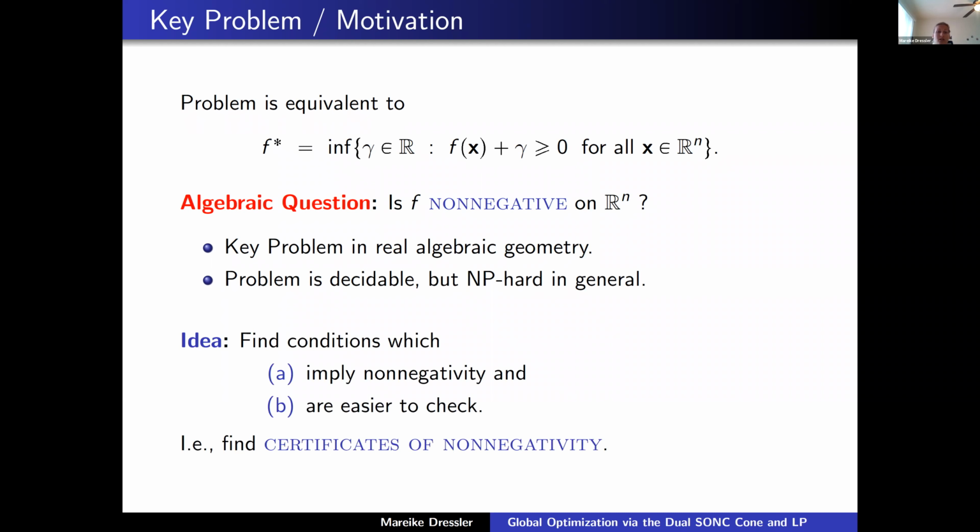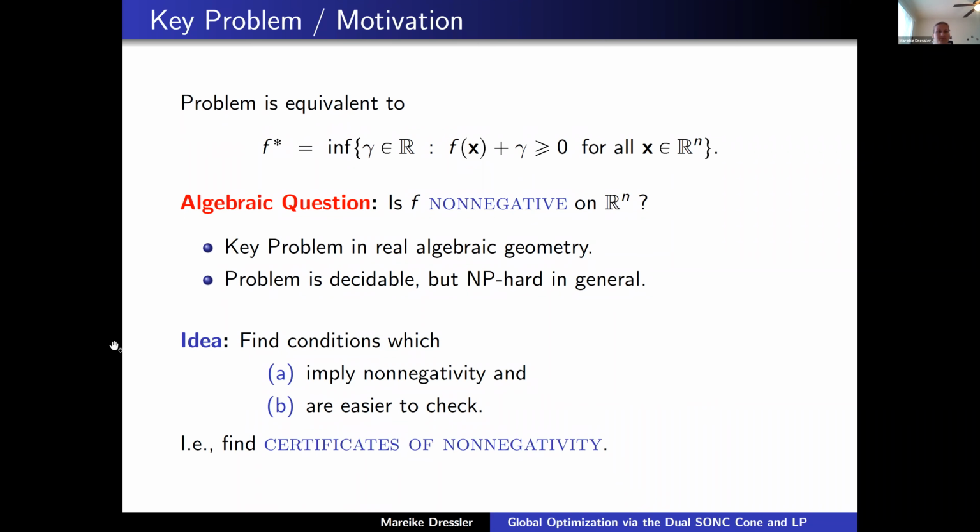And therefore, one is interested in finding sufficient conditions to certify non-negativity, but which are easier to check. And these conditions are called certificates of non-negativity, because if we have such a non-negativity certificate, I could relax this hard non-negativity condition to something I can actually check.